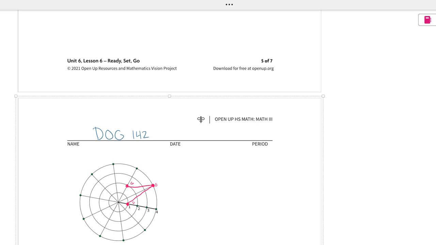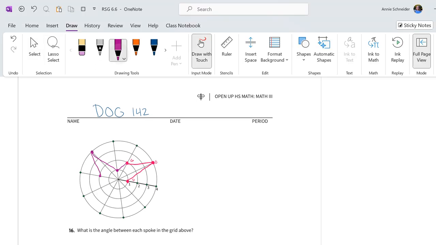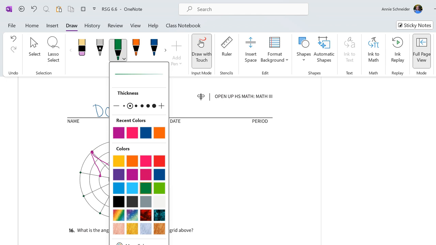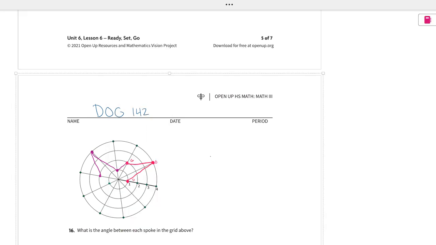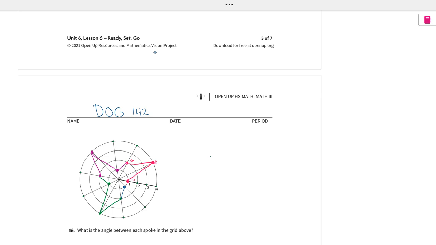Let's go with this color. So we're going to go back to 1, and then 4 again, and then 2. So 1 to 4 to 2. Okay. And then 1 to 4 to 2.